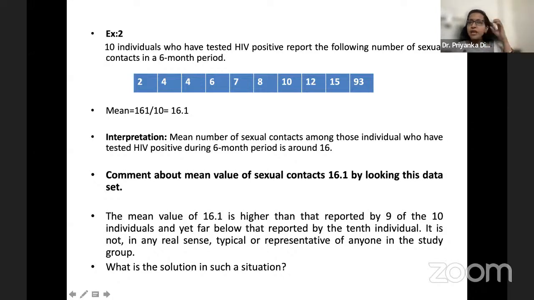So mean is a very good indicator, but it's only applicable if you are working on a homogeneous data set. Homogeneous and heterogeneous, I hope you are able to make out. Okay, so then what should we do? How can I then present the central part of the data set? That's why there is a need for another indicator, that is the median.